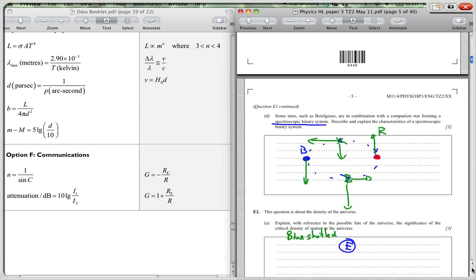And when Betelgeuse is over there and X is over here, you're going to get the light shifted the other way, a shifting of the spectral lines in the opposite direction. So because of the Doppler effect, you get this changing of the spectral lines as they rotate.